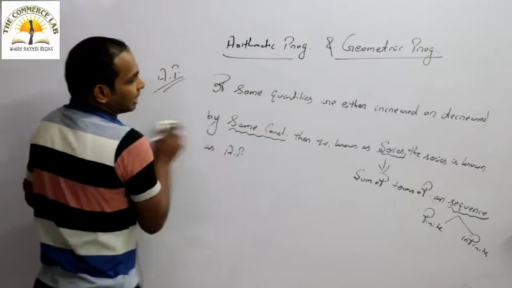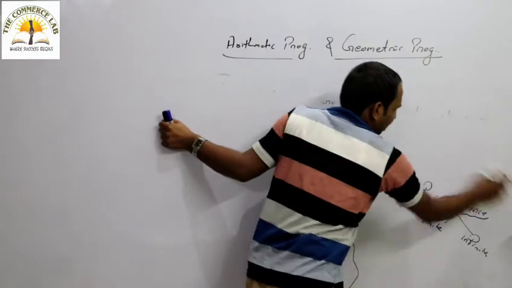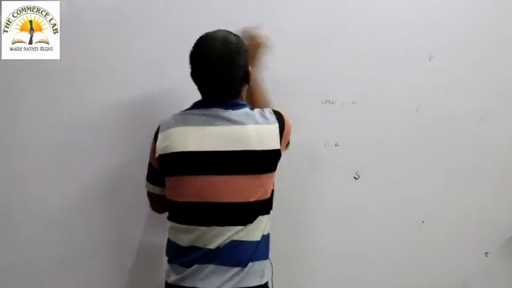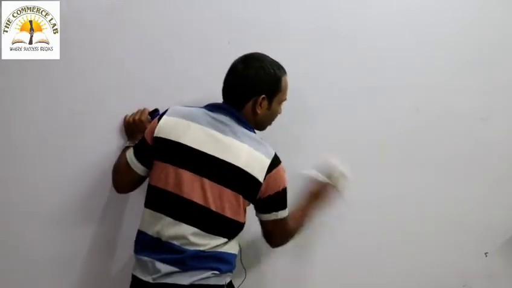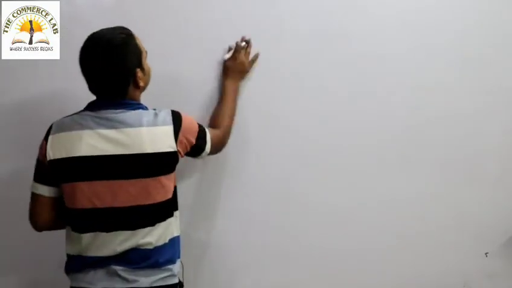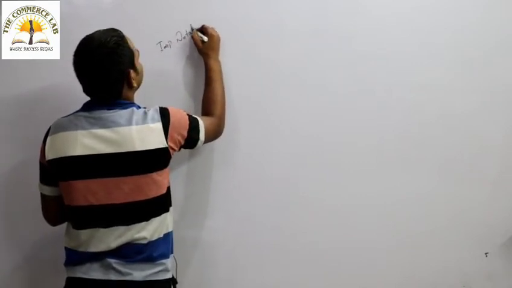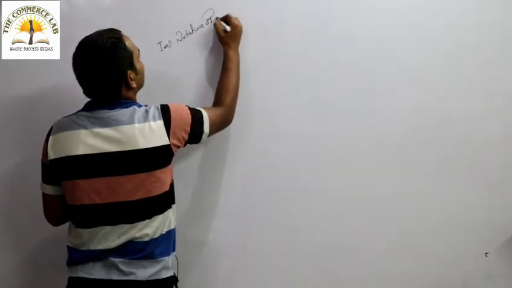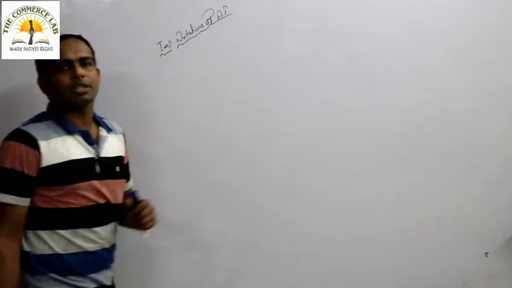Okay. Then come to the arithmetic progression. So this is your definition. Then come to the important notations of AP or arithmetic progression.